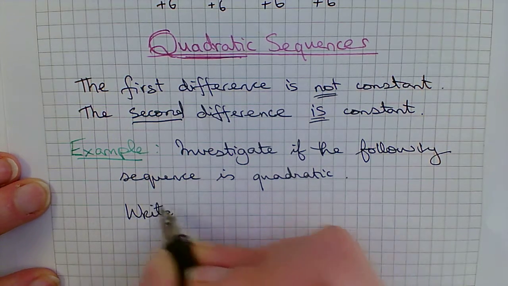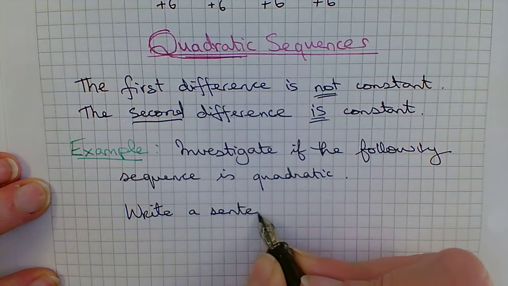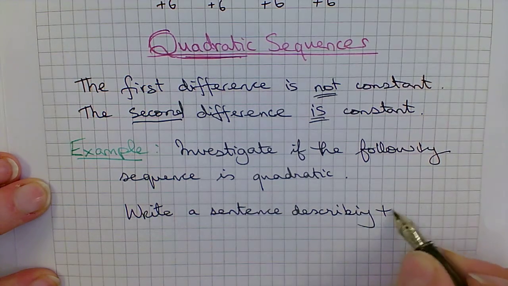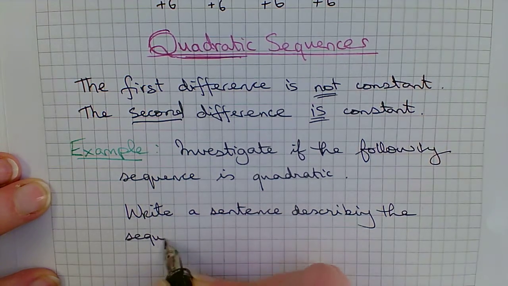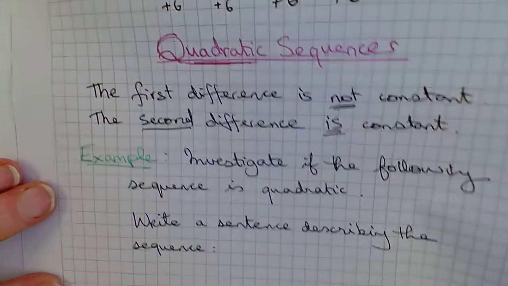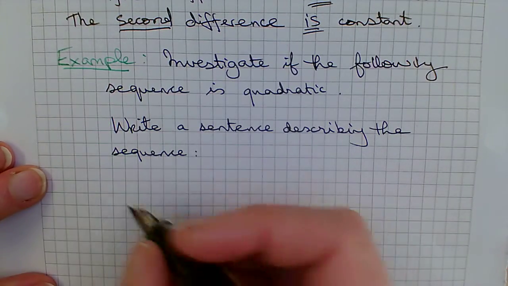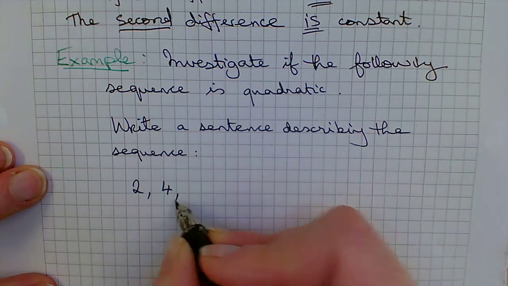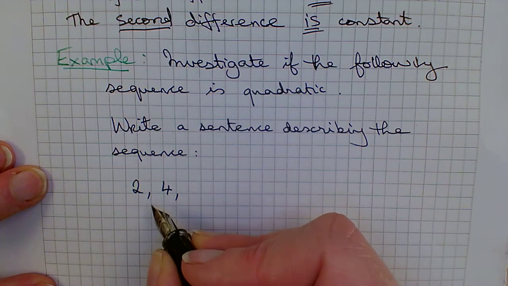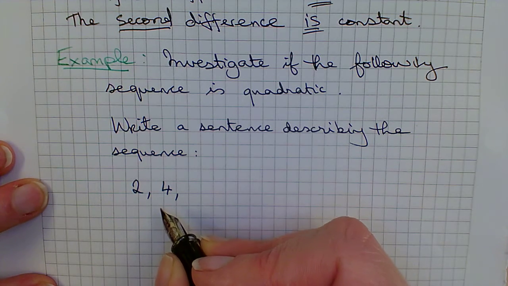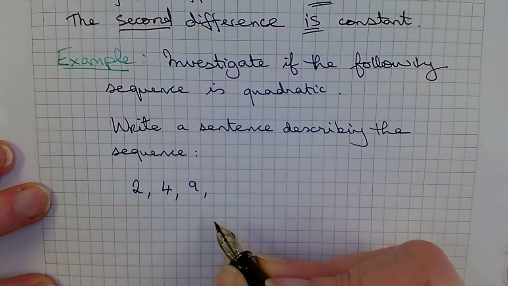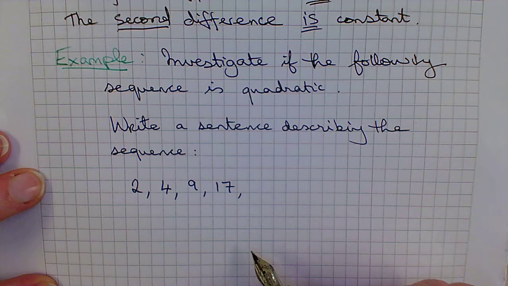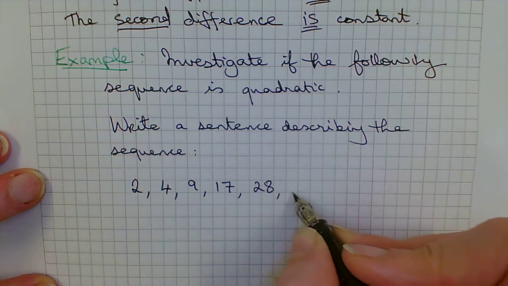Write a sentence describing the sequence. So here we go. Here's the sequence. It starts at 2, 4, 9, 17, 28.